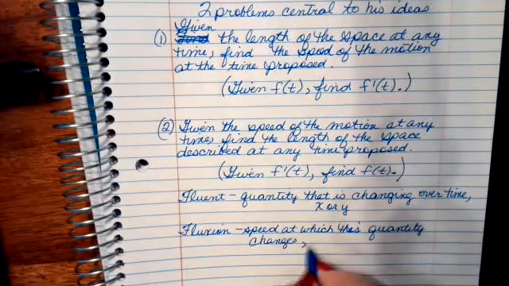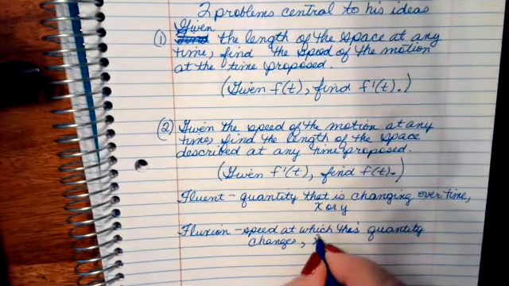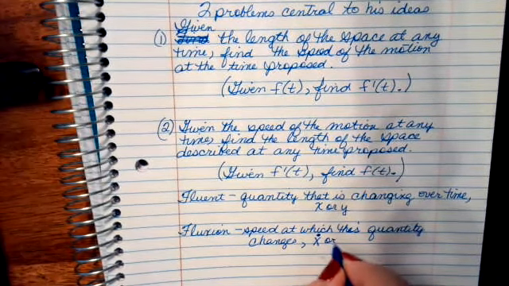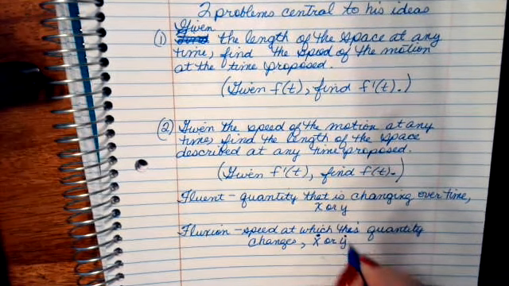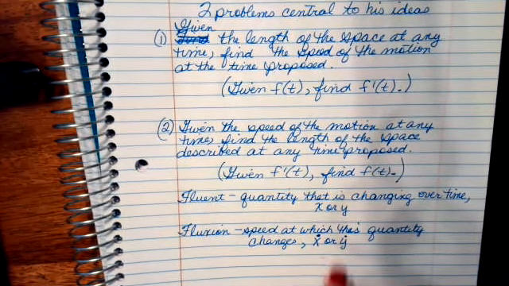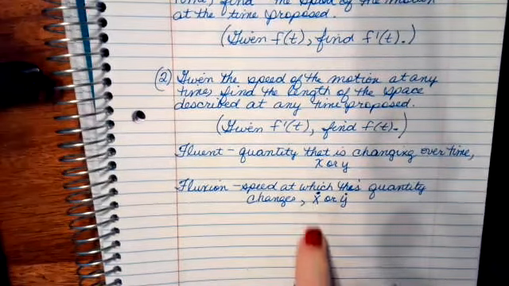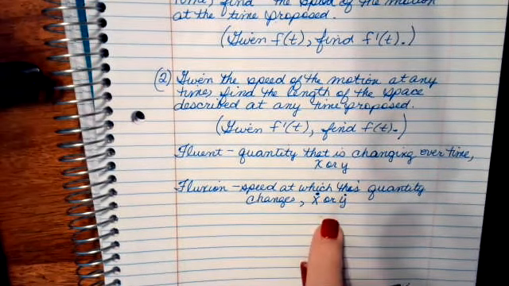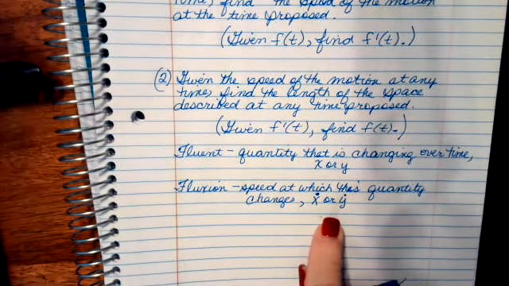And Newton represented that as X with a dot over it or Y with a dot over it, whichever quantity is changing. He would put a dot over it to show you I'm talking about how fast it's changing, talking about the speed.